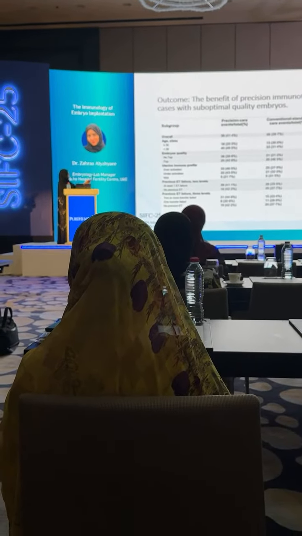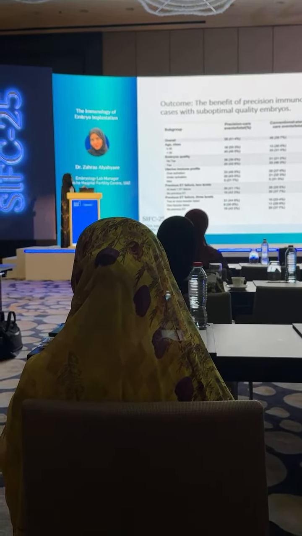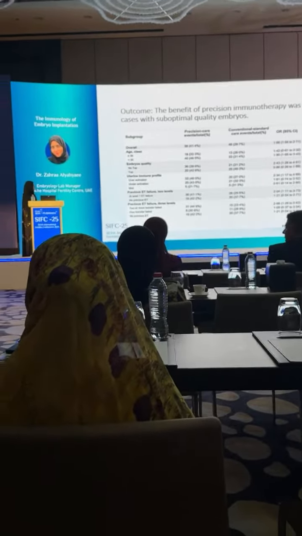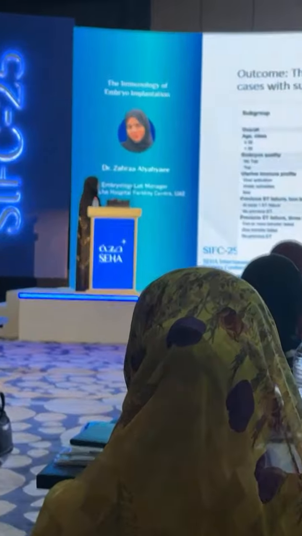The outcome, as you can see in this figure, was mainly that live birth was improved, especially for the patient population in the overactive and underactive groups, while the patients with the mixed immune profile did not benefit as much.